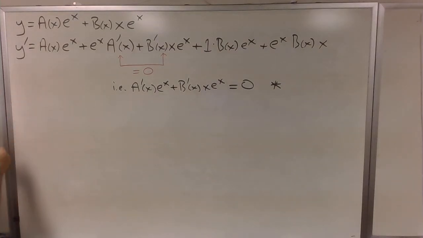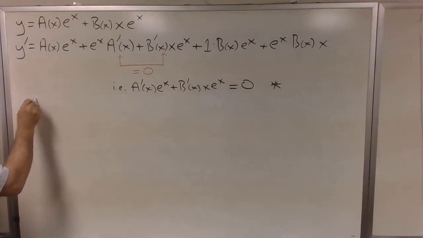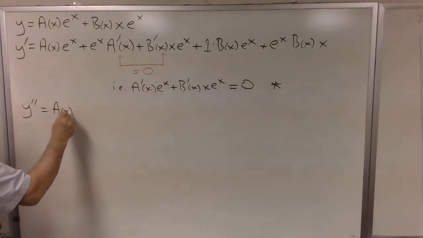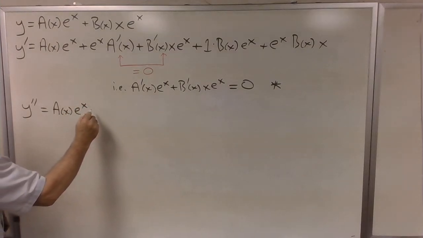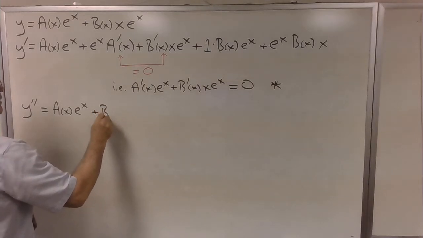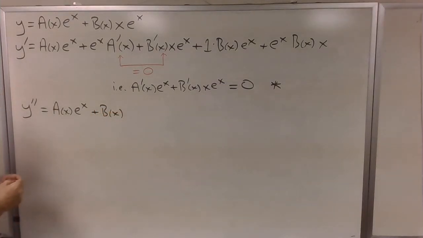Now let's rewrite y prime, and I get a x e to the x, and I get b of x.